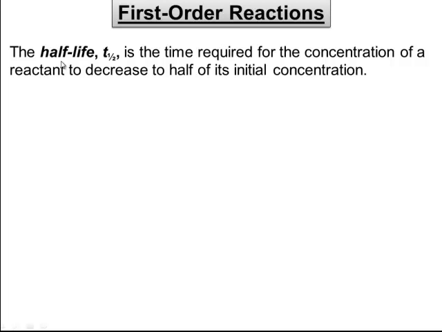So the half-life time of a reaction is the time required for the concentration of a reactant to decrease to half its initial concentration. That means if the initial concentration is A0, then at half lifetime the concentration will be A0 divided by 2. That is, when T is equal to T half, the concentration at that instant of time is half the initial concentration.